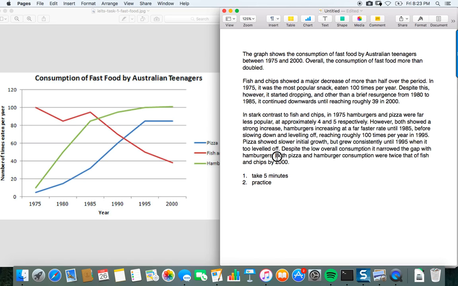Then you would say both pizza and hamburger consumption were twice that of fish and chips by 2000. So down here, where fish and chips is below 40, you've got pizza and hamburgers both above 80. So that means you've got double the consumption for both. And again, you're comparing. You're not just describing it, but you're making comparisons where necessary.